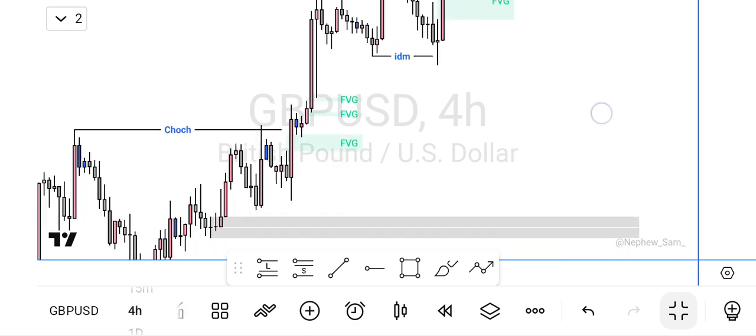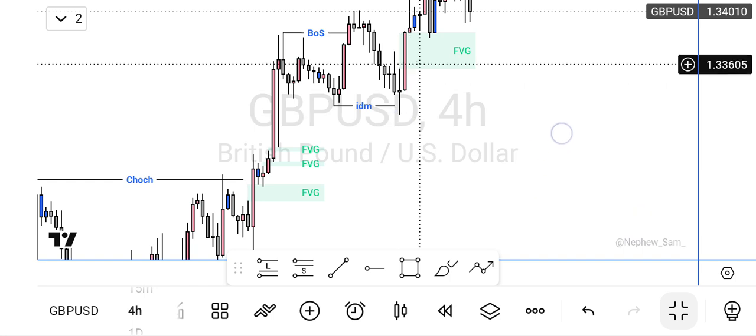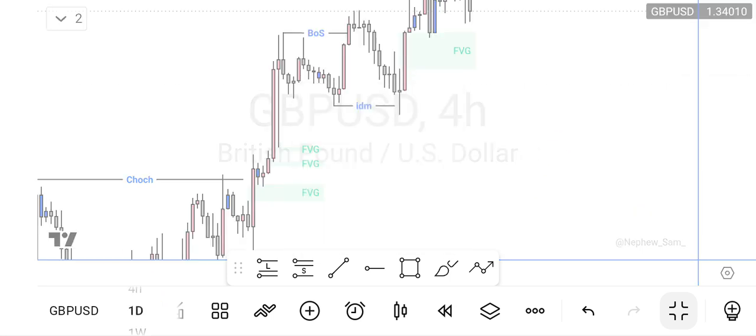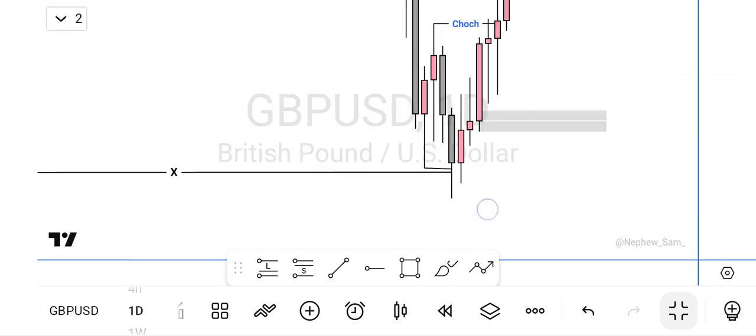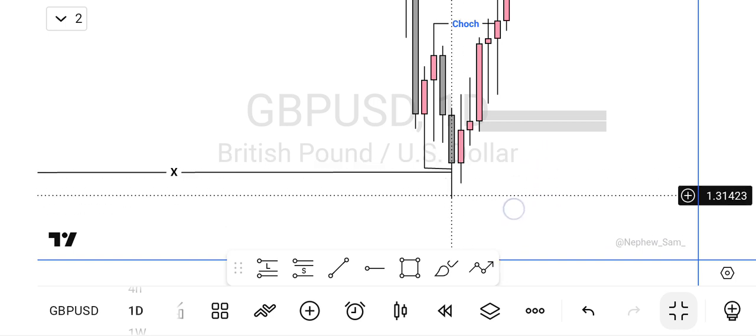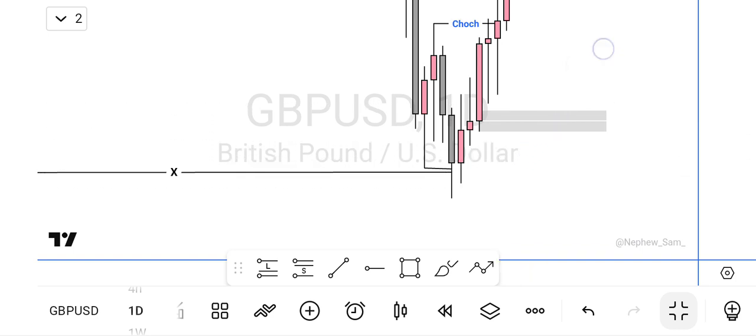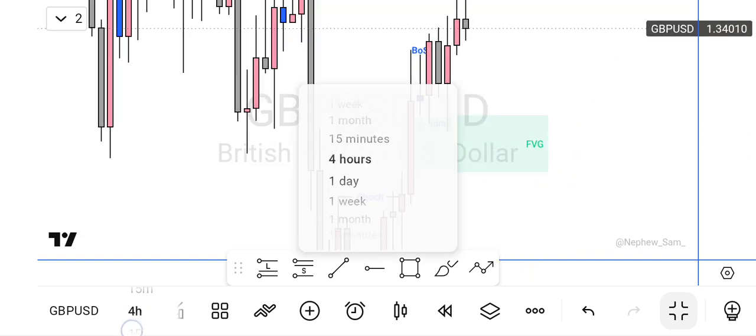But since it was a strip, just like what happened on the daily, we don't necessarily need to tap into any key level. Price can easily react from there and start moving in the opposite direction.